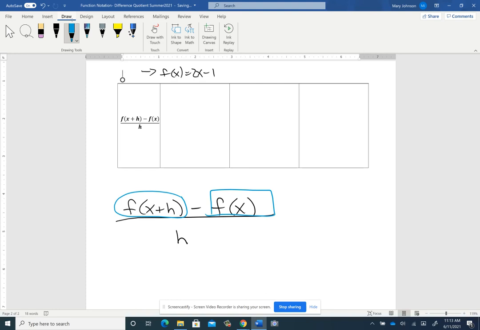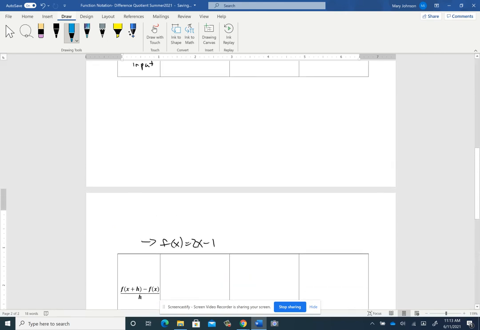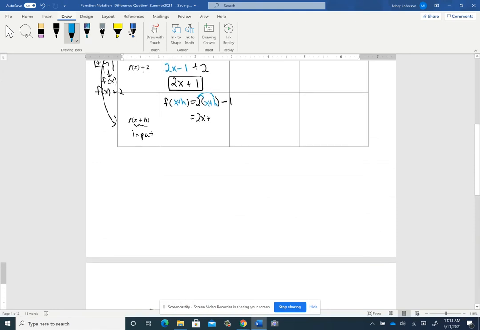Okay, so do you see how the x plus h is inside the parentheses on the first part? Actually, we've already done f of x plus h. We did that in the previous box, right? So we've already done that. Here's how you do it. You plug in the x plus h for the x and you work it out.